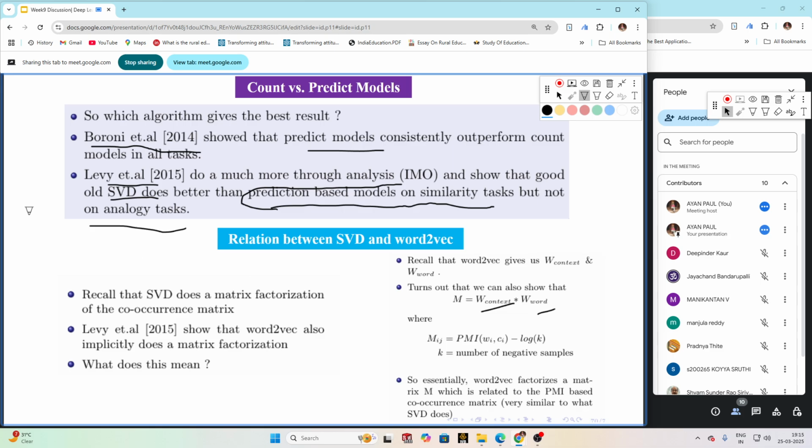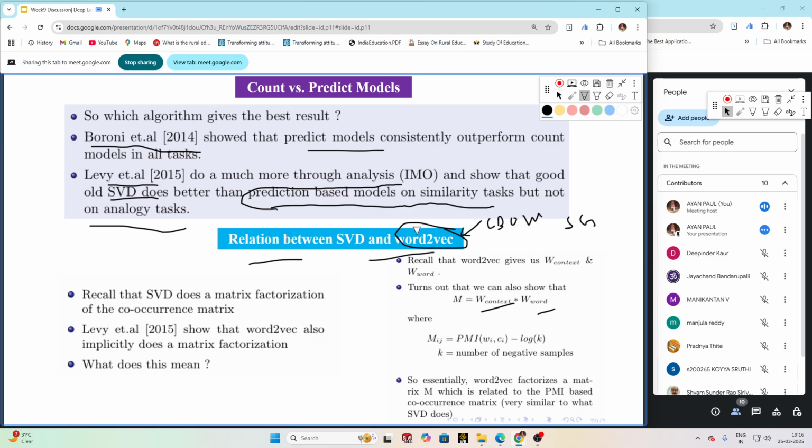Also in the case of this predict based model, either the continuous bag of words model or the skipgram model, we are again dealing with w word and w context only, right? So that is why you can say there is a relation between SVD and word2vec. Word2vec is nothing but the prediction models, that is continuous bag of words and the skipgram model.